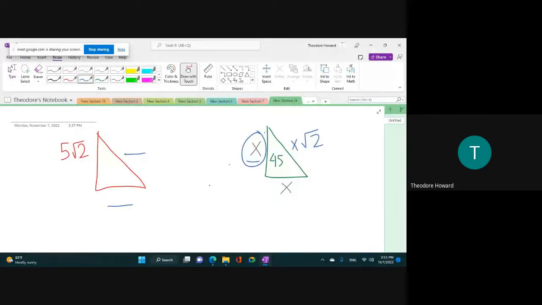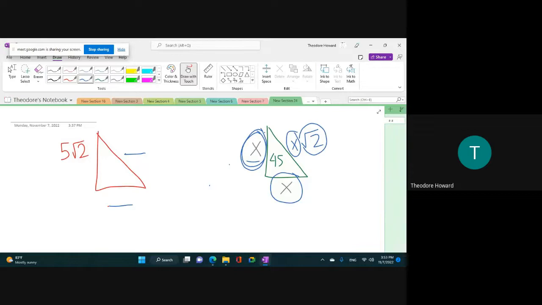Remember, if my opposite leg is x, my adjacent leg is going to have the same exact measure, so it's going to be x also. My hypotenuse is going to be what? X times the square root of 2.